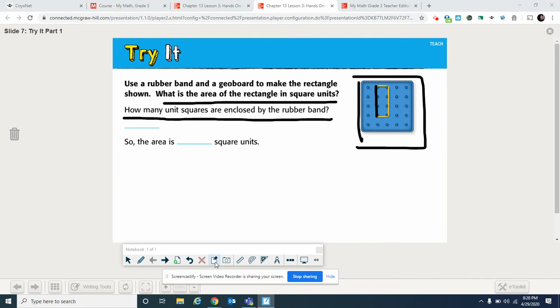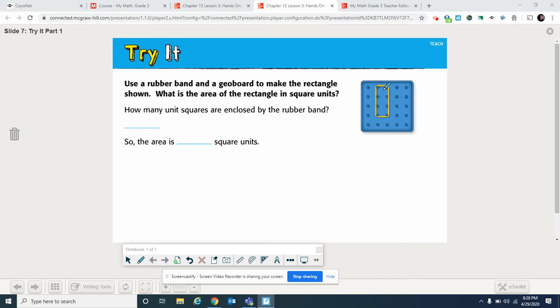How many? All right, so let's count. One, two, three. How many units? It has one, two, and three. So three unit squares. Let's check if our answer is actually correct. All right, so the answer is 3 units.